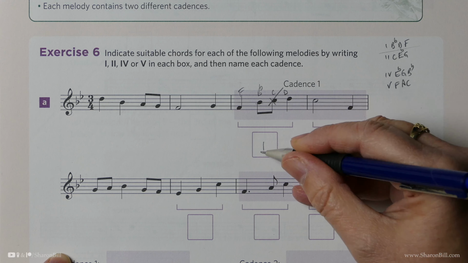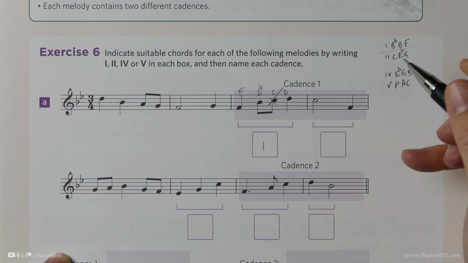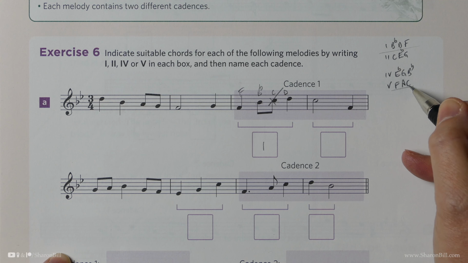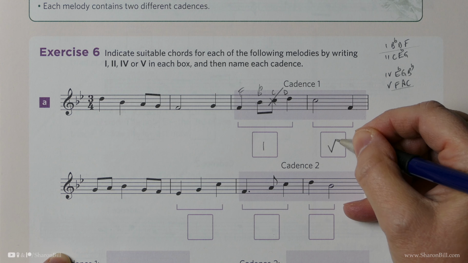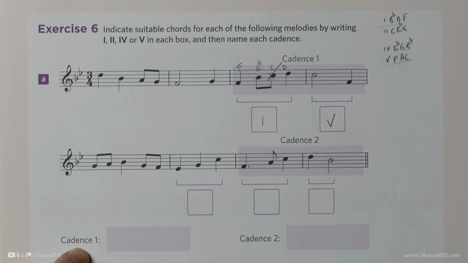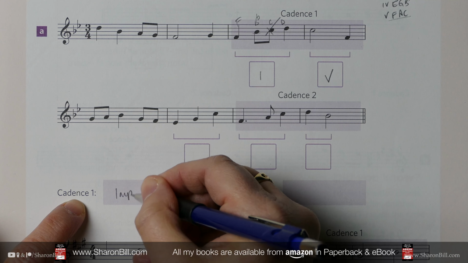That's the only way that we can progress from chord 1. And so it should be a chord 5. Let's see if that fits. We have a C and an F. We get 2 parts of chord 5. And so that's nicely explained. So cadence 1, we can now say is imperfect.